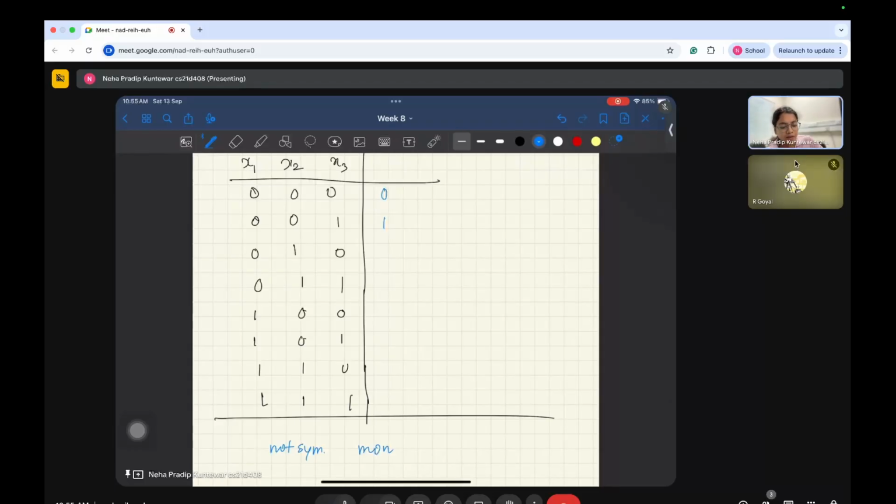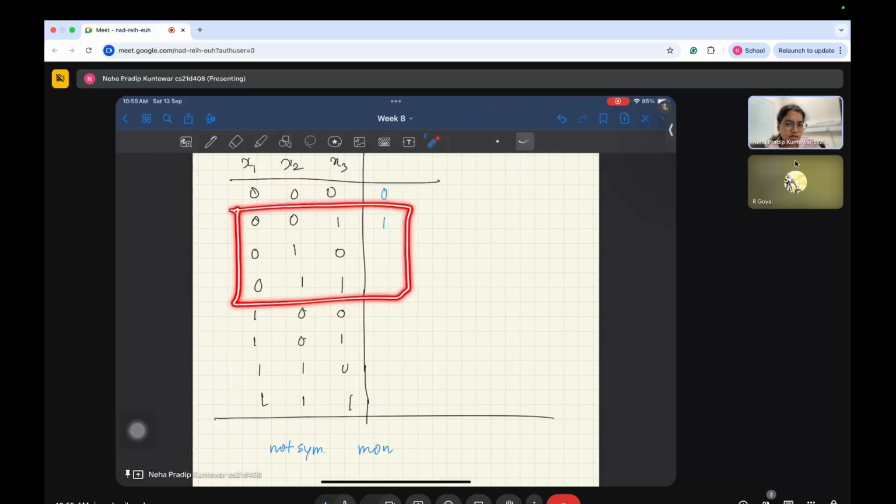Now I want to violate the symmetric property. The symmetric property says that this block should always get a 1. Oh, sorry, did I draw it incorrectly?